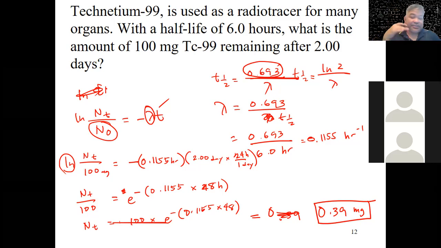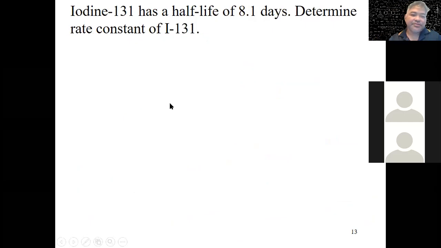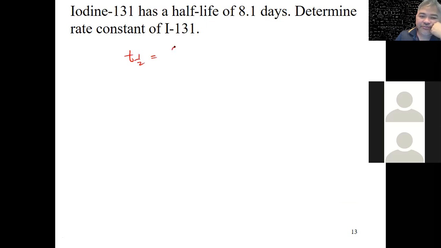Kaya ako inano dito, diniscuss. Now, you can also have a problem like this one, but this is just simple. Iodine-131 has a half-life of 8.1 days. So, determine the rate constant of iodine-131. So, it's just T1/2 equals 0.693 over the rate constant.